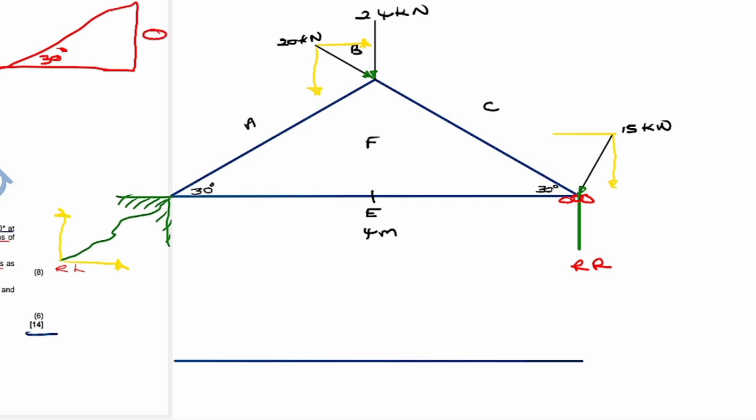Usually the hypotenuse is always the force. As you can see, this is 15 kilonewtons, so that would be the hypotenuse. It would be 15 kilonewtons, and then we will need to find this angle here, because this is a horizontal line, right?